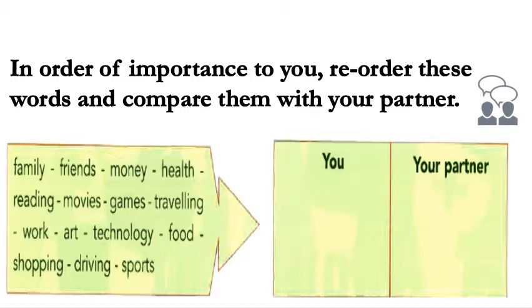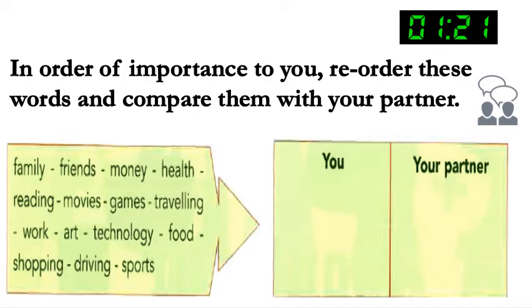We have a lot of sources of happiness, but they are different from one person to another. Let's see these sources now. Family, friends, money, health, reading, movies, games, traveling, work, art, technology, food, shopping, driving, sports.